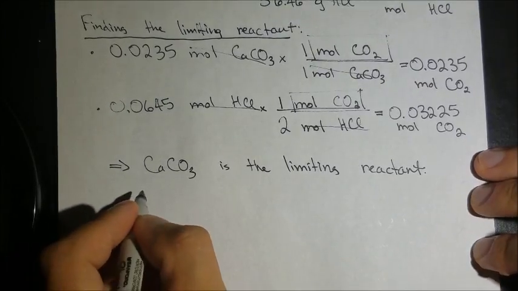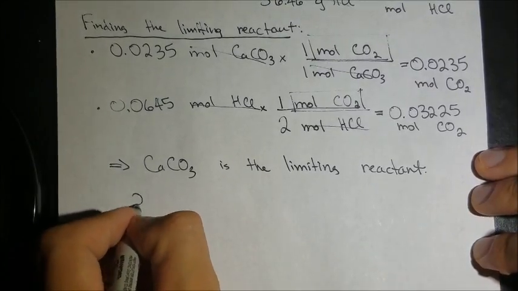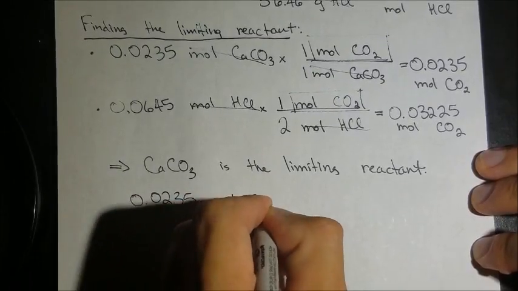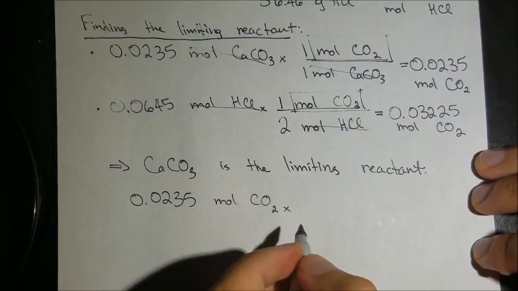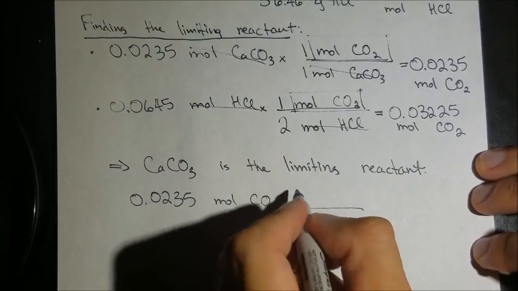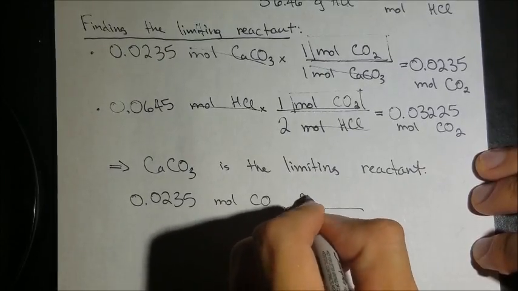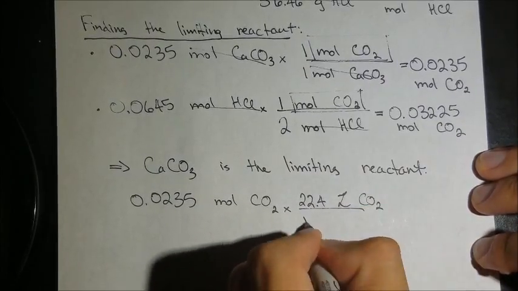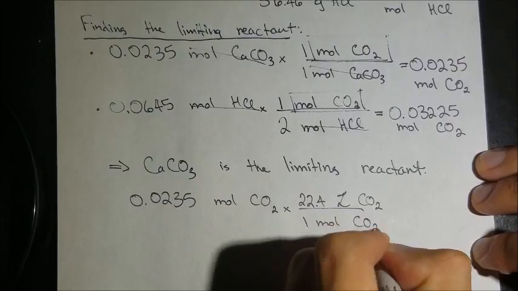We have 0.0235 moles of CO2, and we're just going to do a unit conversion that takes us into liters. So there are 22.4 liters of CO2 in a mole of CO2.